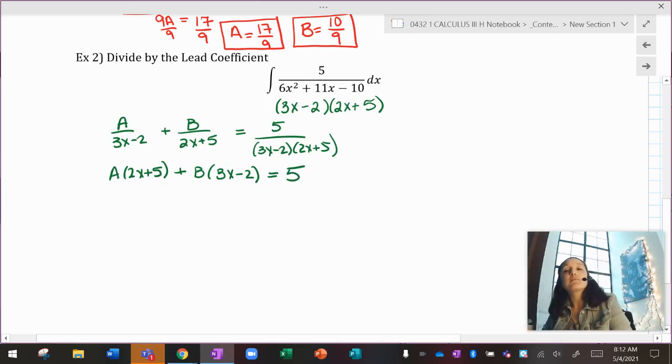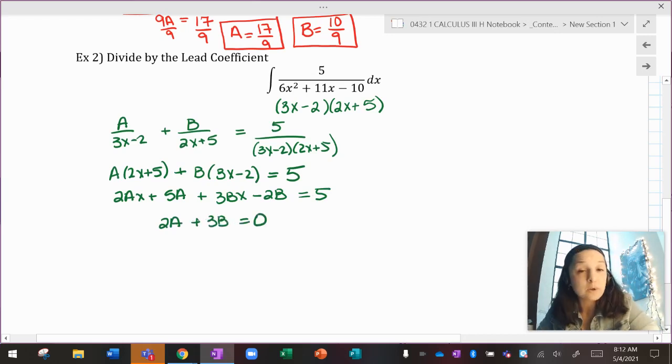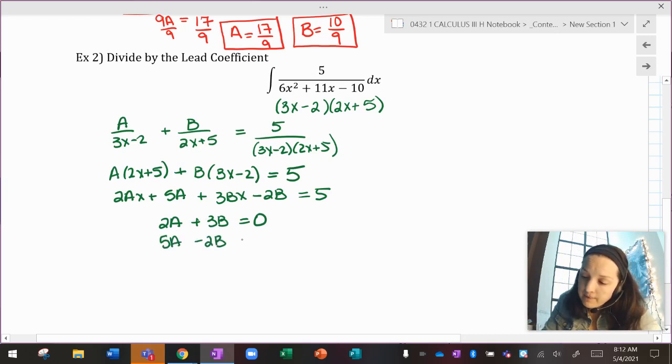And that sum of those products needs to equal 5. So I have 2ax plus 5a plus 3bx minus 2b equals 5. So 2ax plus 3bx equals no x's whatsoever, and 5a minus 2b needs to equal 5.